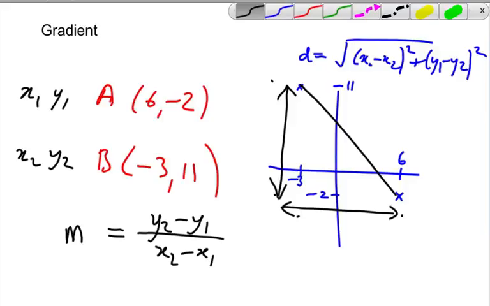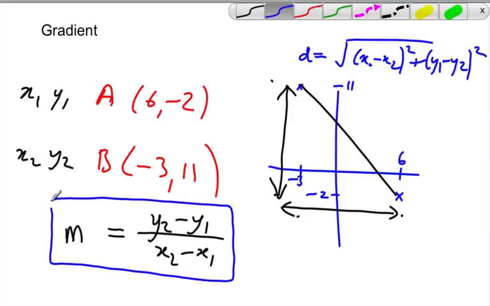I like y2 minus y1 over x2 minus x1, it's just how I was taught it years and years ago, and how I've always remembered the gradient. If we go with this, that will give us, for this question, 13 over minus 9.